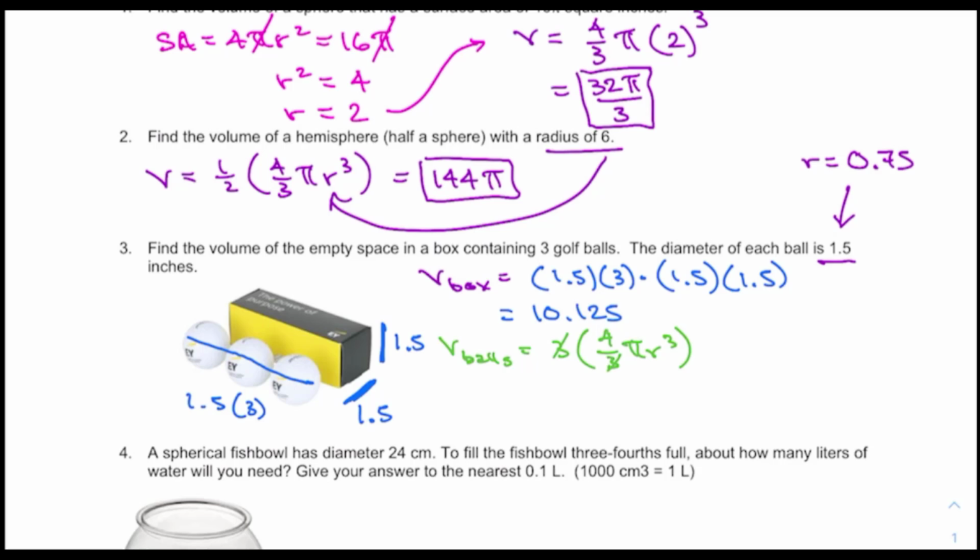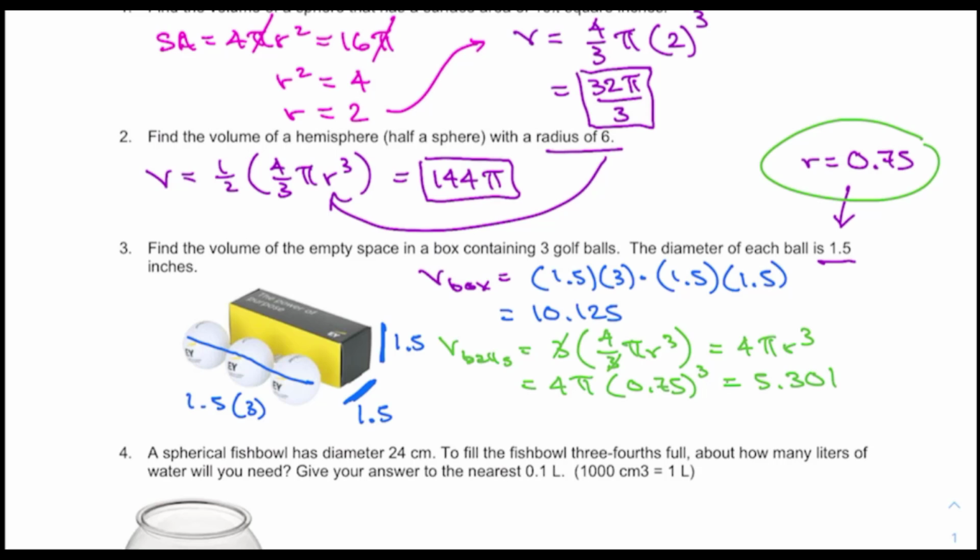The 3's will drop out, so it's just 4 pi r cubed, and that's going to be equal to 4 times pi, and I know my radius, which we had found up here, is going to be 0.75, and of course I need to cube that. Plug this into a calculator and I get 5.301.